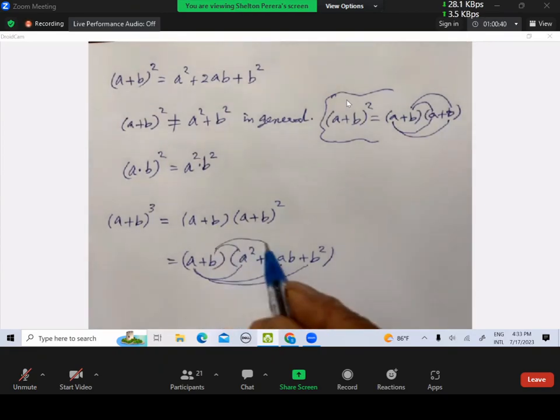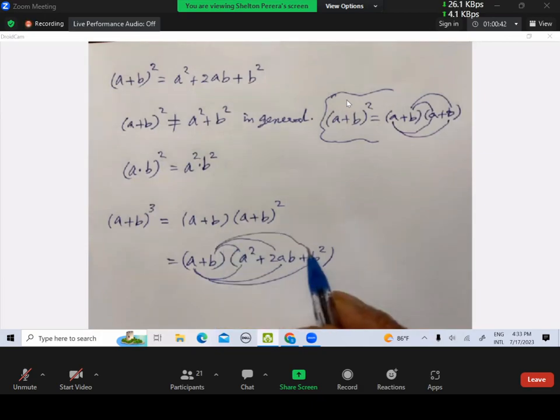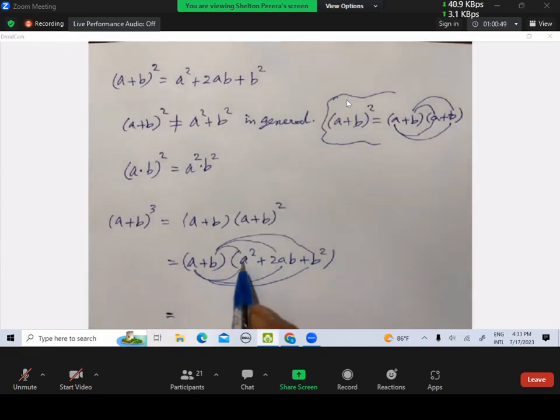This times this, this times that. When you multiply out and clean it out, you get a times a squared, a cubed, plus 3a squared b plus 3ab squared plus b cubed.